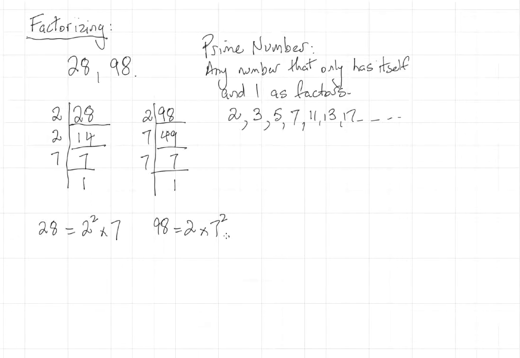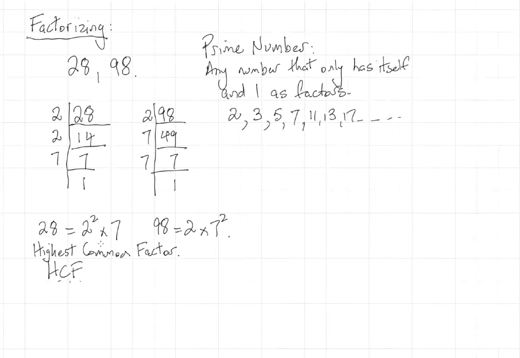All right, so if we wanted the highest common factor, the way we write that, HCF stands for highest common factor. And just think about what those words mean. The highest common factor. Now a factor is a number that will divide evenly.